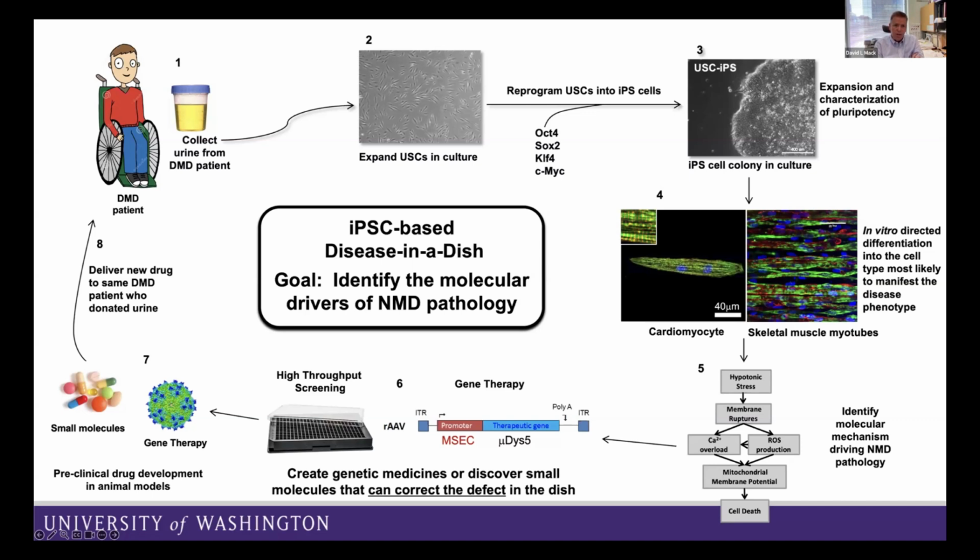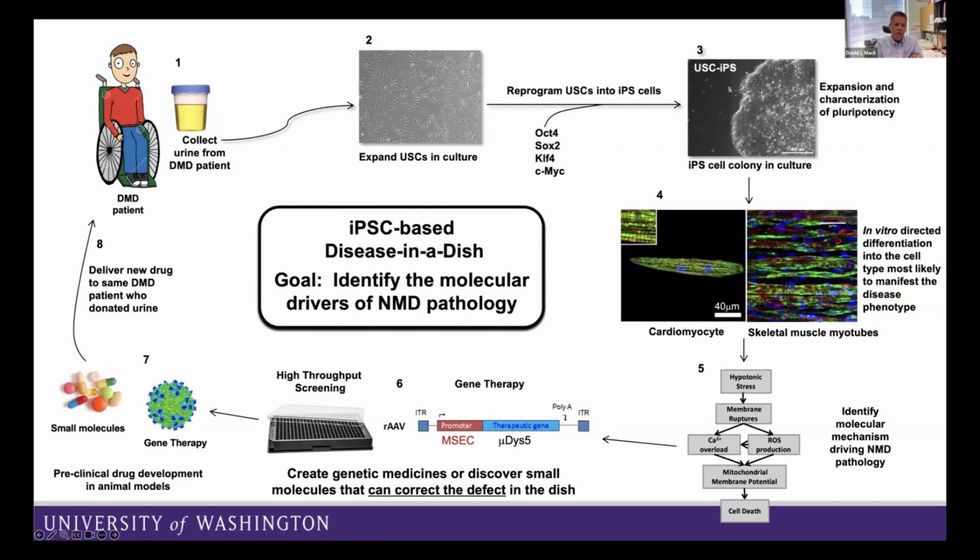We spend most of our time in the lower right quadrant, which is trying to identify the molecular drivers of the pathology, and can we identify the disease phenotype that matches the presentation of the patients. And given our track record, as Casey mentioned, in AAV-mediated gene transfer, we use that phenotype that we've identified.